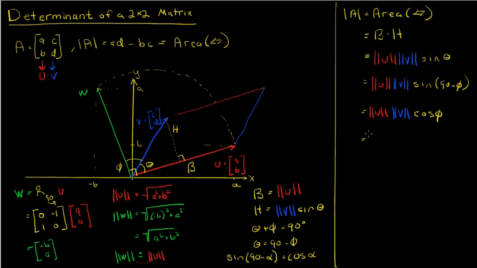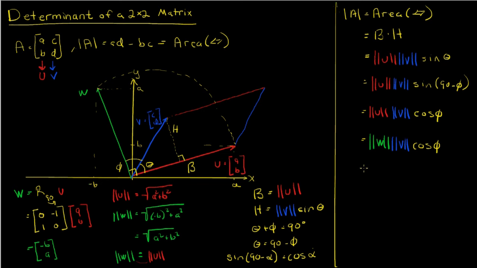We can substitute that into our equation, substituting the magnitude of w for the magnitude of u, and then we still have the magnitude of v and the cosine of phi. So now we have our desired form: a vector w, a vector v, and the cosine of the angle between them.